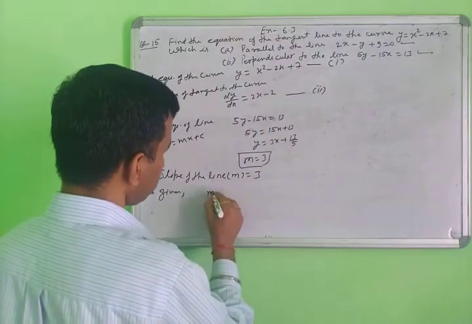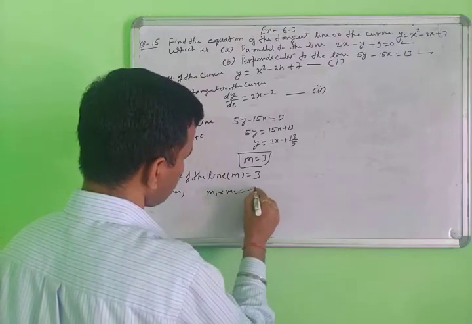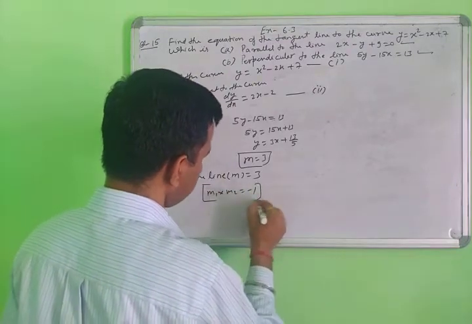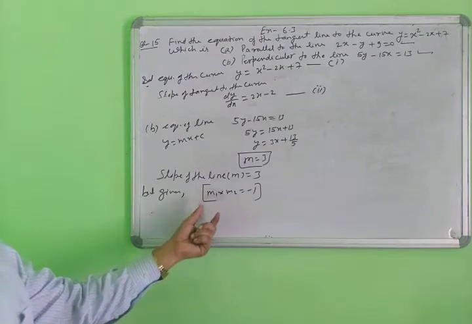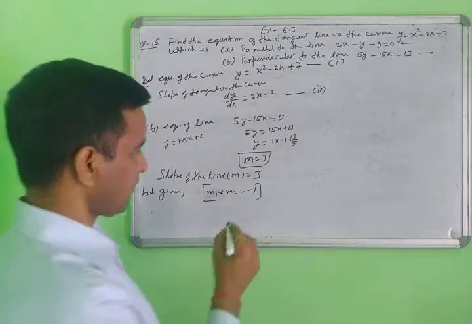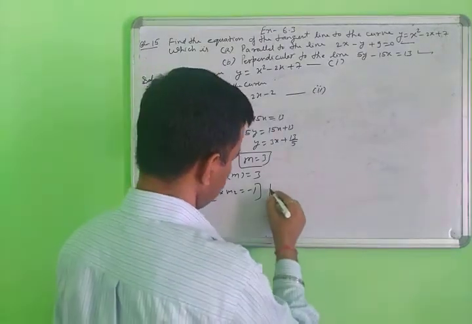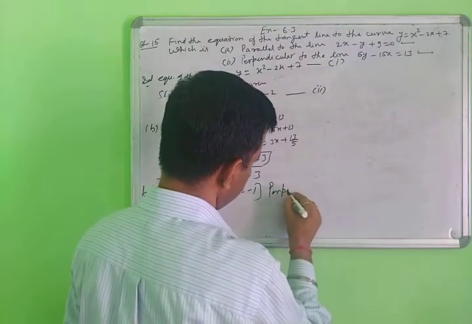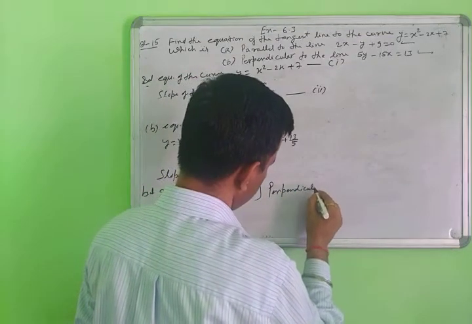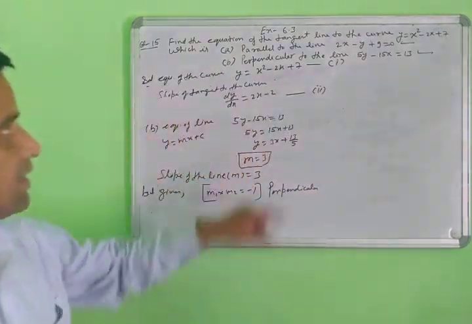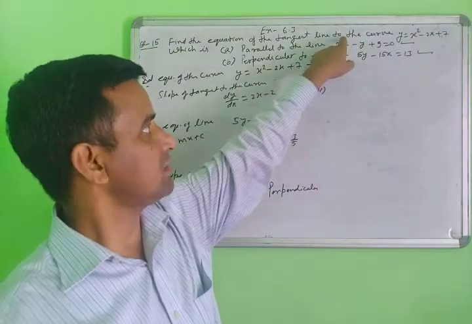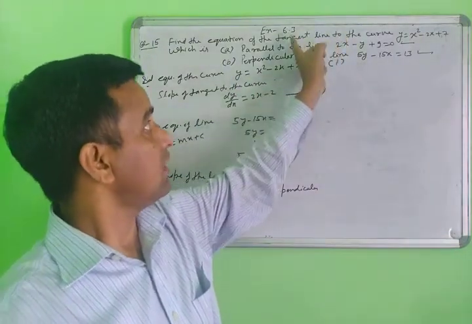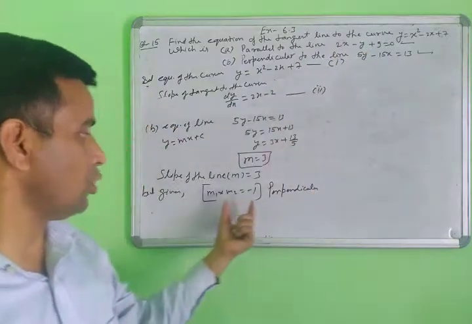So you can write m1 into m2 equals minus 1. This is the perpendicular condition. Given that both are perpendicular, we use this condition: the line and the tangent to the curve are perpendicular.